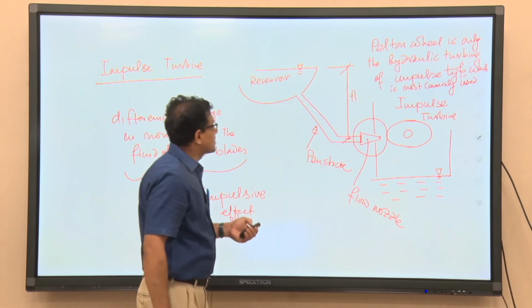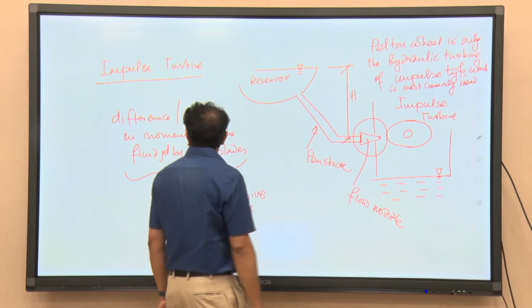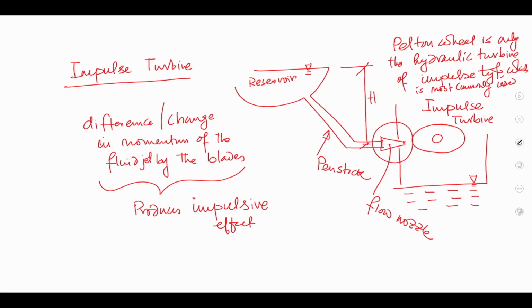This impulse turbine is suited for high head, typically of the order of 2000 meter.